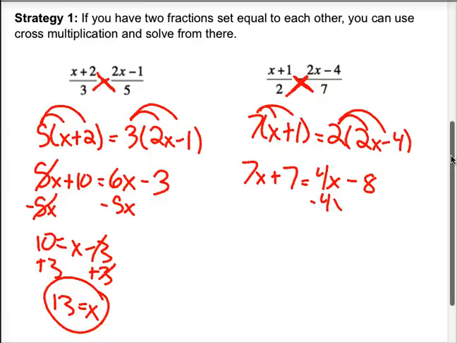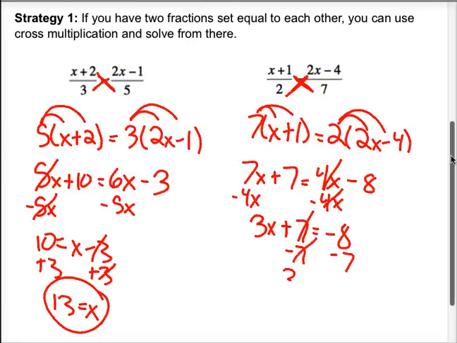So I need to subtract 4x from both sides to bring it over here. So I'll get 3x. Need to subtract that 7 off. So 3x will be negative 15. Divide by 3, x is going to equal negative 5. All right, and again, this strategy you've seen for a while now, just simple cross multiplication.